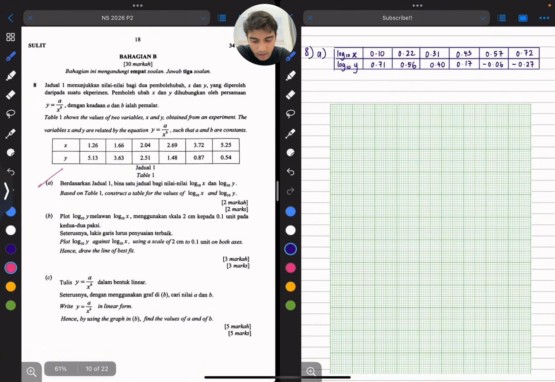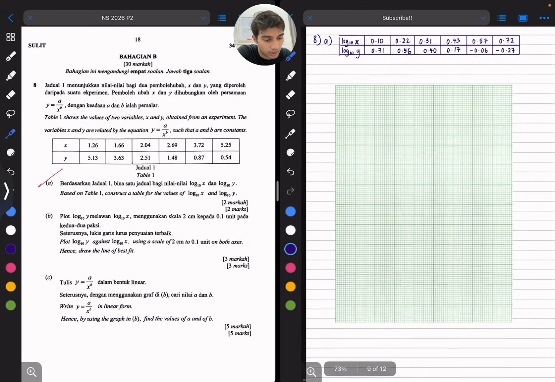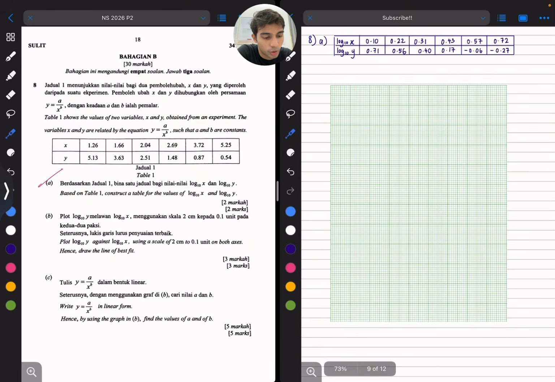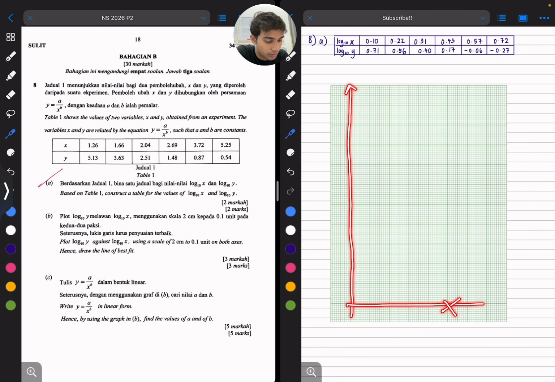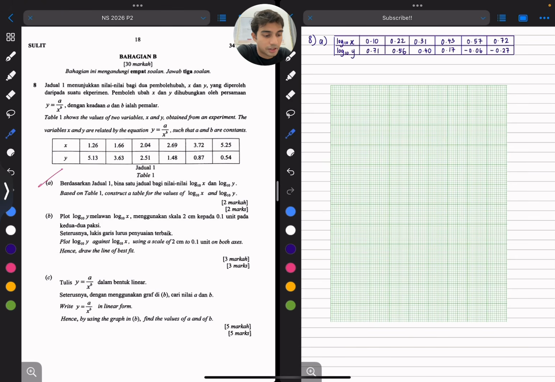Let's look at B. They want us to plot log 10y against log 10x using 2 cm to 0.1 unit on both axes. Okay, here our x got no problem. X are all positive values, but y we have negative values as well. So our y-axis we can draw here, but the x-axis cannot be drawn here because we have negative values. So we have to bring the x-axis up somewhere here. They said 2 cm to 0.1 unit. So let's say we draw y first.